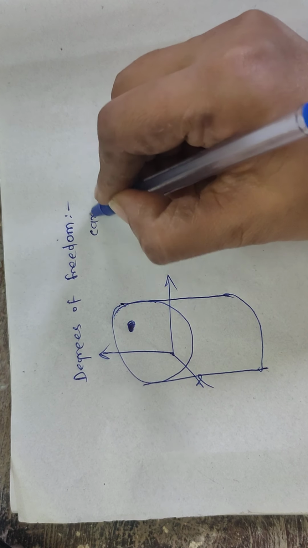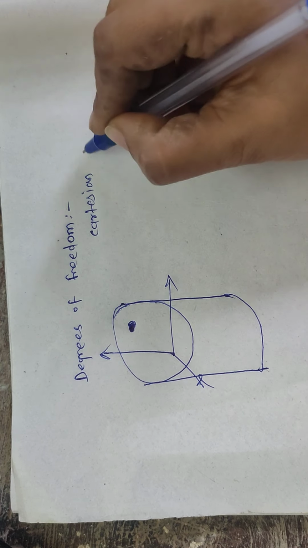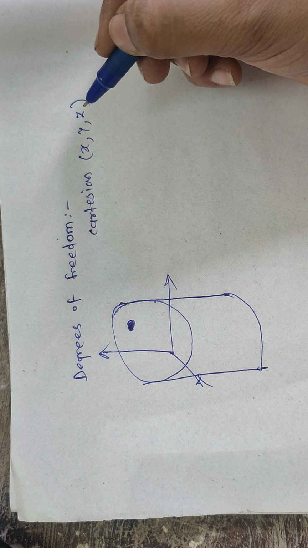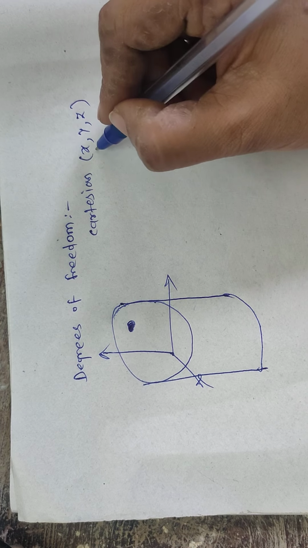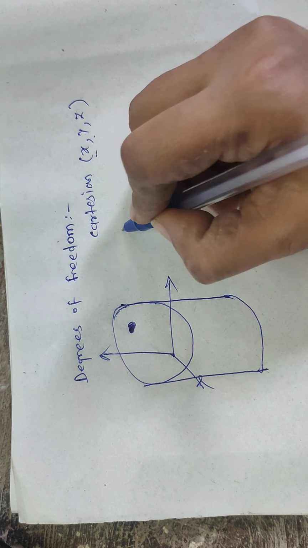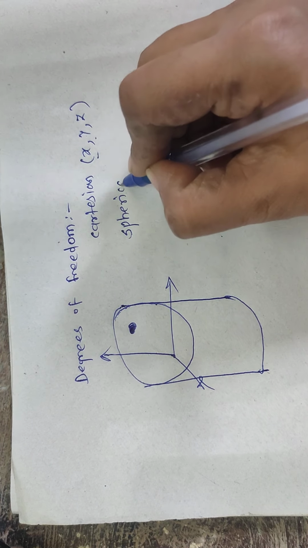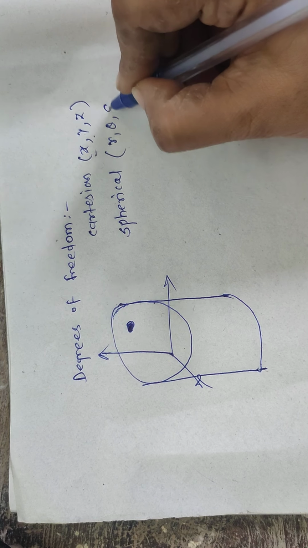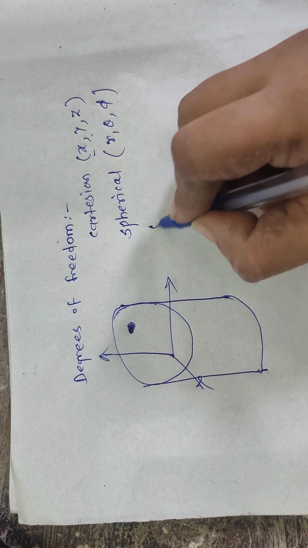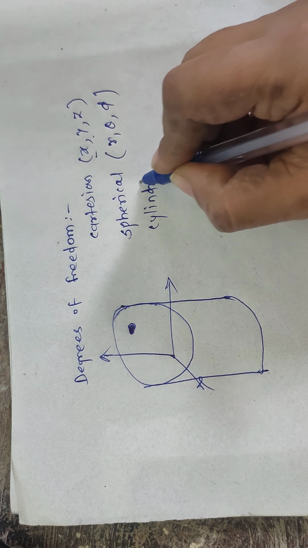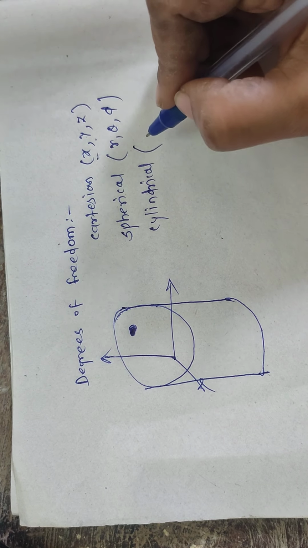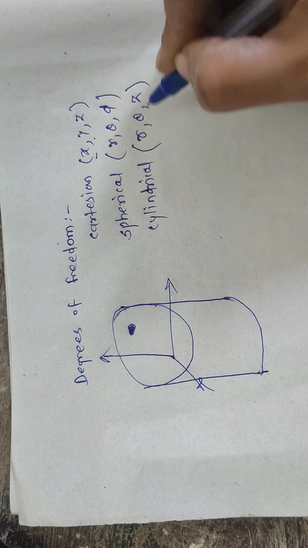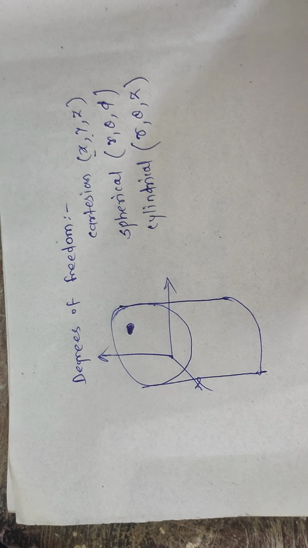In Cartesian coordinate system, we can describe motion along x, y, z axis. In spherical polar coordinates, we can use coordinates r, theta and phi. If we use a cylindrical coordinate system, then we can use coordinates such as r, theta and z.